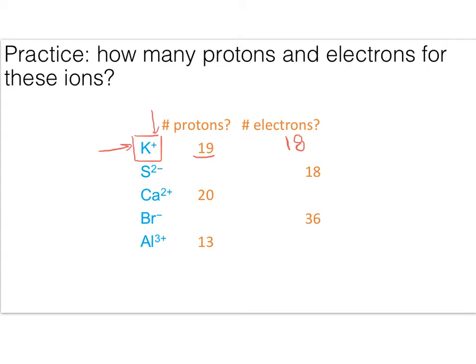Okay, we have sulfur, and now we have -2. This is telling us that we have too many negative charges. To generate this -2 charge, we would take 16 positive and 18 negative, and that will give us the -2. This is going to be a sulfur anion in this particular case.